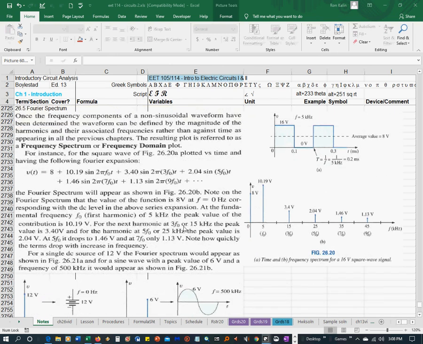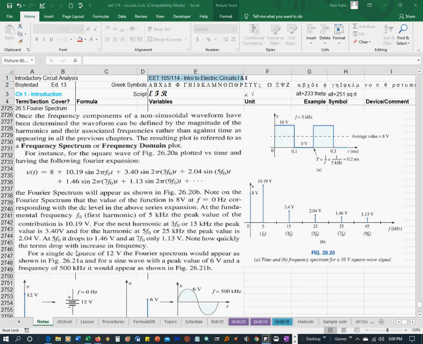The next harmonic, the third harmonic, is 15 kilohertz, and the peak value is 3.40. For the fifth harmonic, 25 kilohertz, the peak value is 2.04. And the seventh harmonic, 7f0, is 1.13.